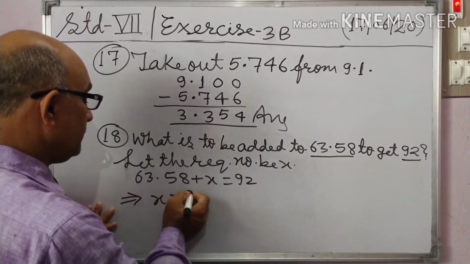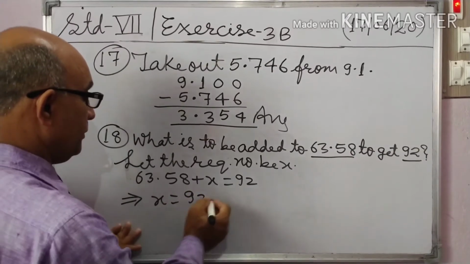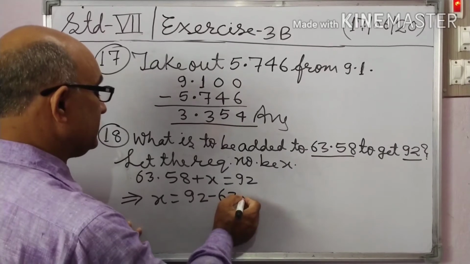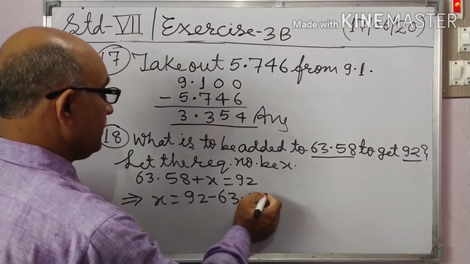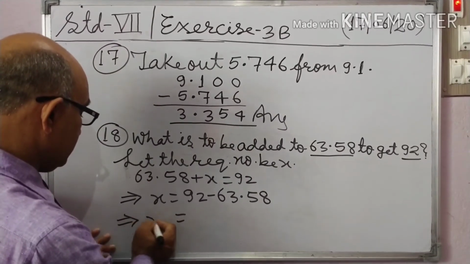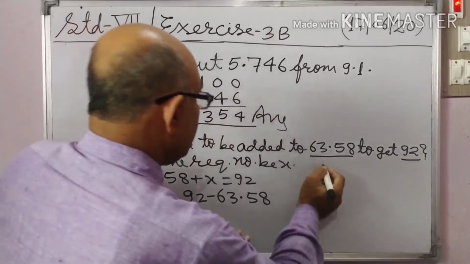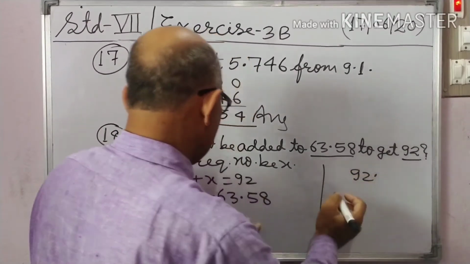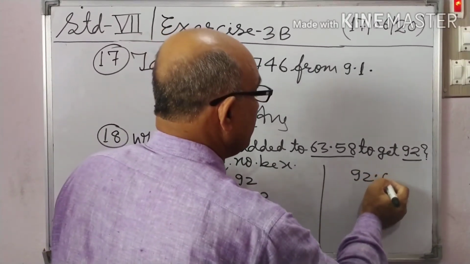Now x equal to 92 minus 63.58, that implies x equal to. Subtract. So 92 changes into 2 decimal places.